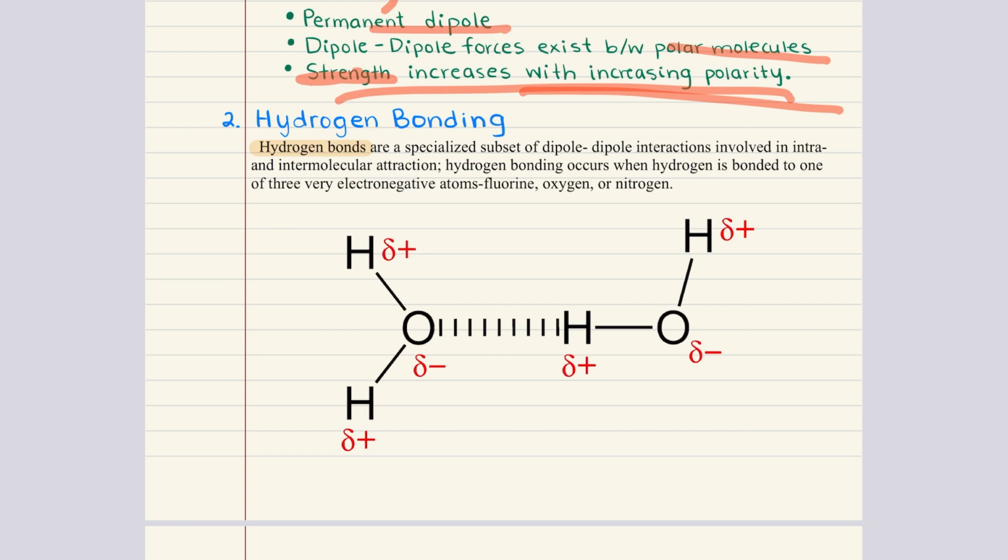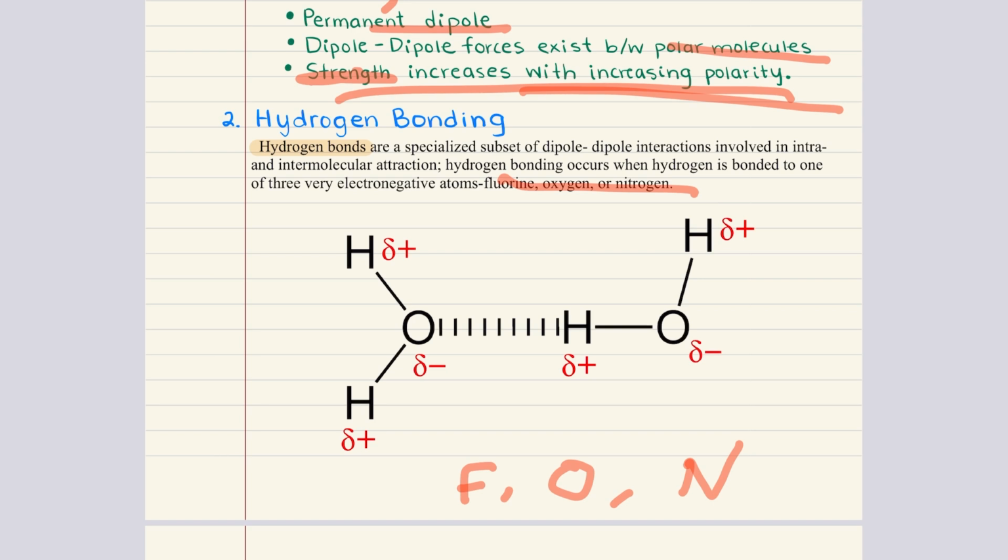Hydrogen bonding plays a crucial role in water's unique properties, the structure of DNA, and even why certain substances dissolve in others. Hydrogen bonding occurs when a hydrogen atom is directly bonded to one of three highly electronegative atoms. Those are fluorine, oxygen, or nitrogen.